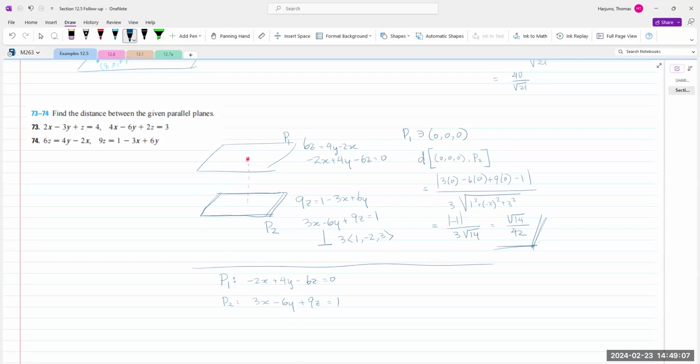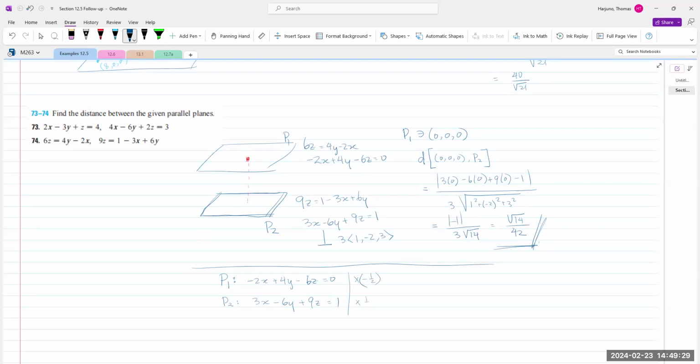Now, what you need to do first is to express these to have exactly the same coefficients. Because they are parallel, the vectors must be expressible using exactly the same coefficients. So let's say I divide by negative 2 here.